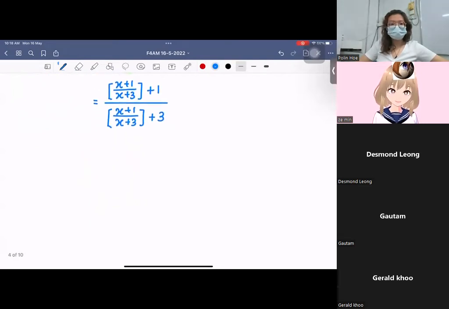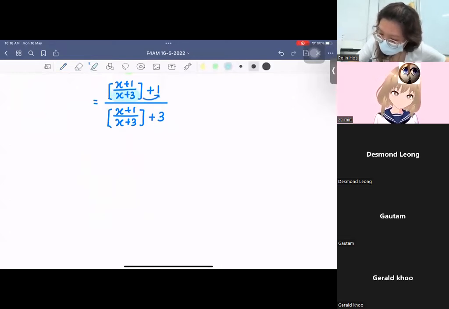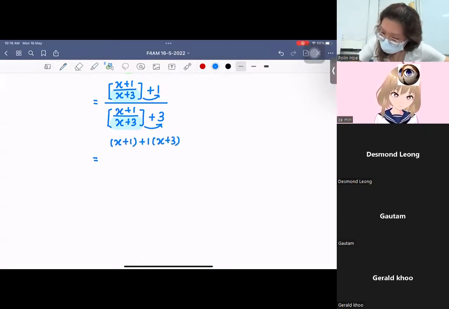Now how to do? Multiply the denominator up. Multiply this up. Which means you will get (x plus 1) plus 1(x plus 3) over x plus 3.